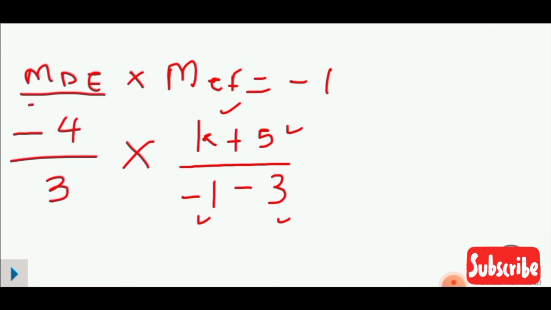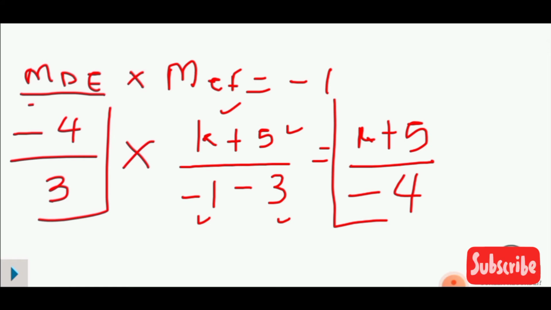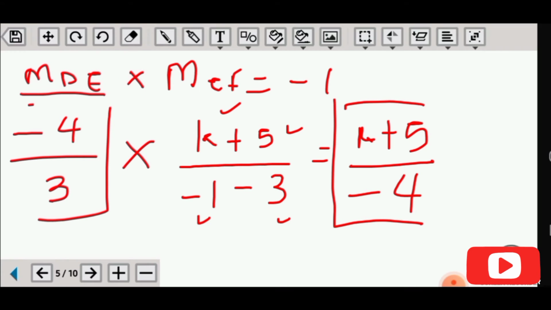So this is the same as K plus 5 divided by -4. Now we just need to multiply these gradients together and we get the value of K. So let's go do that.